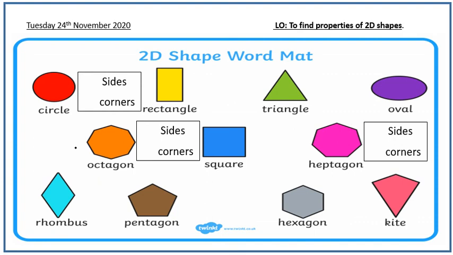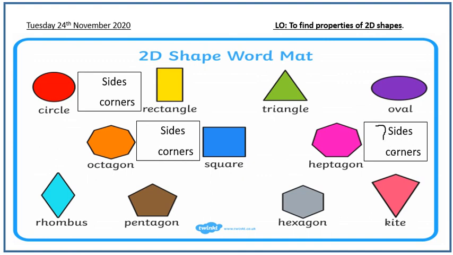So let's start with the heptagon here. The property we're going to look at is sides first. Let's see if you can help me count the sides of the heptagon. So if this is a side, let's see how many there are. 1, 2, 3, 4, 5, 6, 7. A heptagon has 7 sides, so we've got 7 down here.